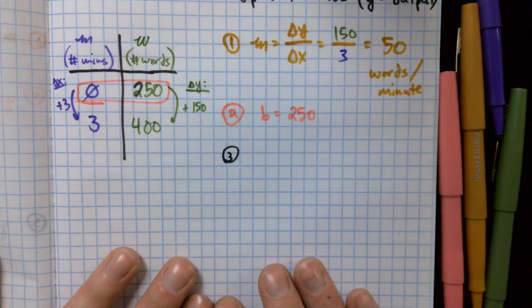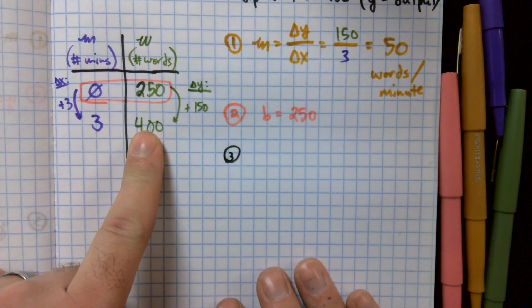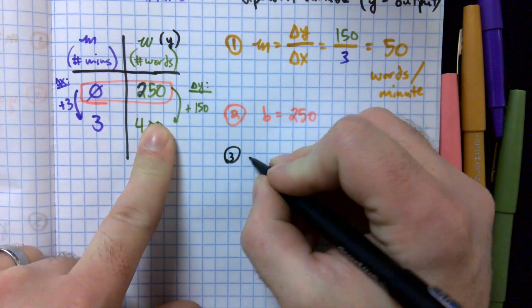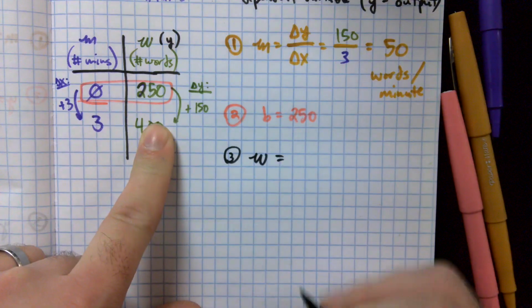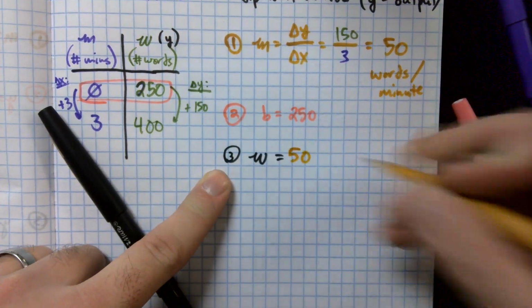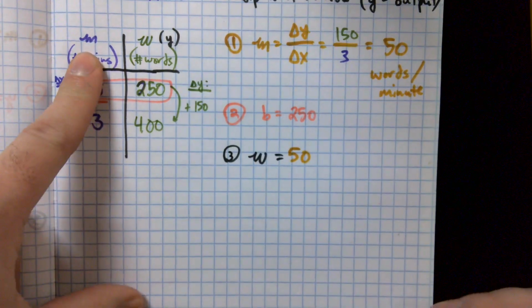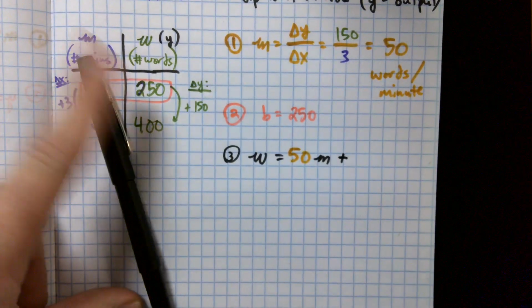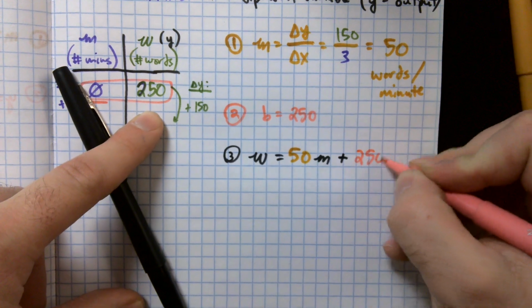Alex, you were close. This is the Y side. So W equals. Well, what's M? 50. What's my X? M plus, what's my B? 250.